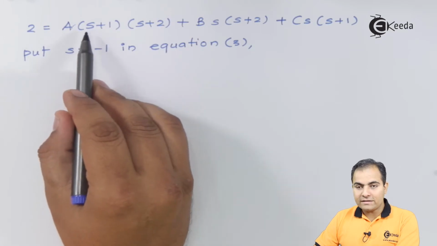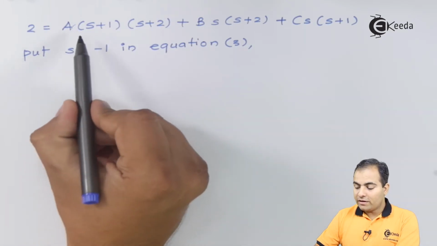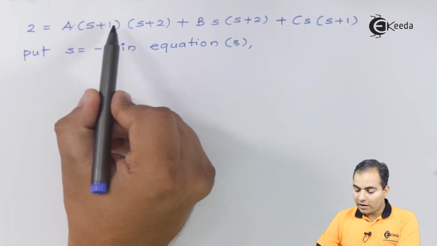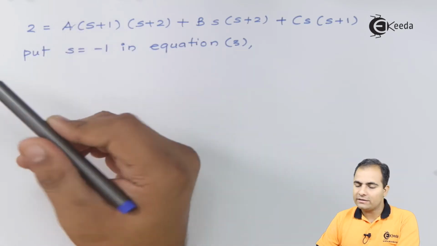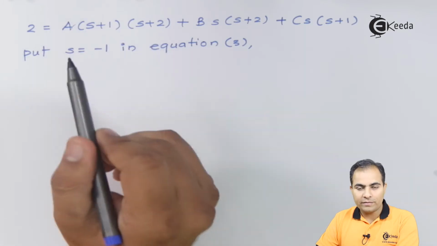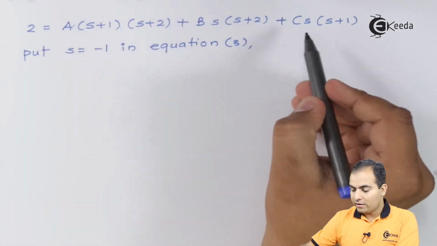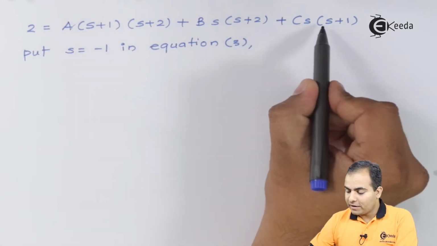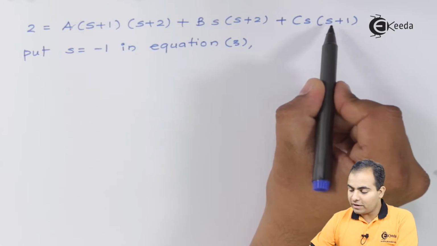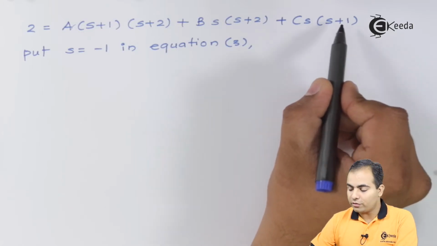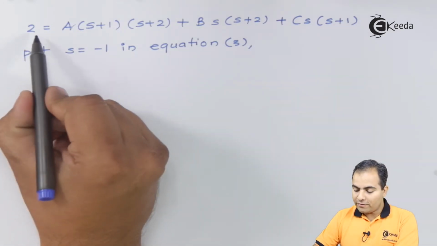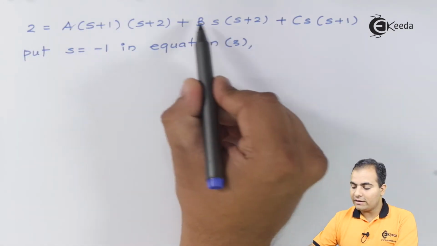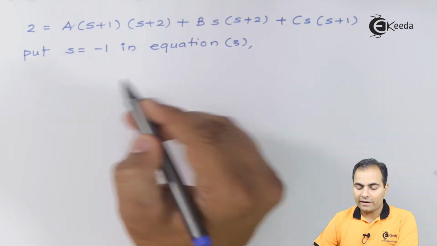If this S is replaced by -1, then -1 plus 1 becomes 0, and this whole bracket will give us a value 0, and 0 into anything, answer is 0. So the A term will not be there in my next step. Look at the last step. If this S is replaced by -1, again -1 plus 1 becomes 0. So the whole term will become 0. So the C term will also not be there. So we have only 2 on the left hand side and the B equation on the right hand side.